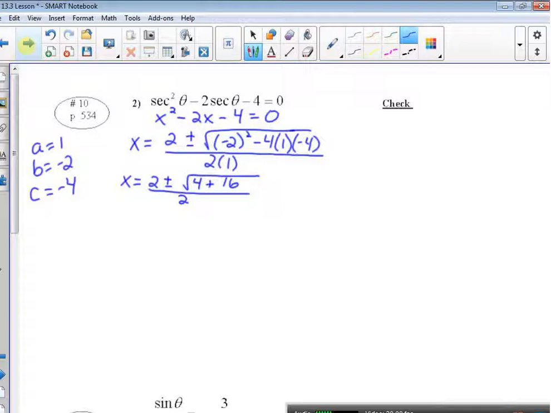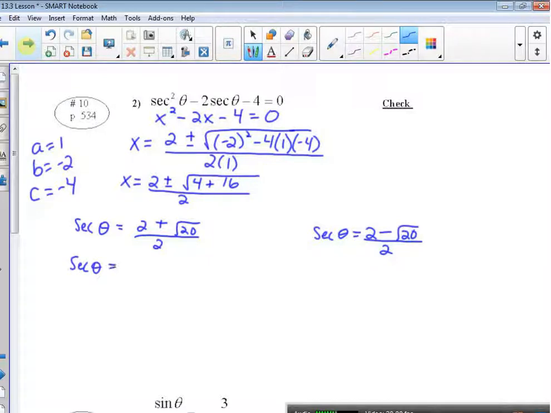So I'm going to go to saying secant theta equals 2 plus the square root of 20 over 2, and secant theta equals 2 minus the square root of 20 over 2. And then I'm going to figure out what that is on my calculator as a decimal.